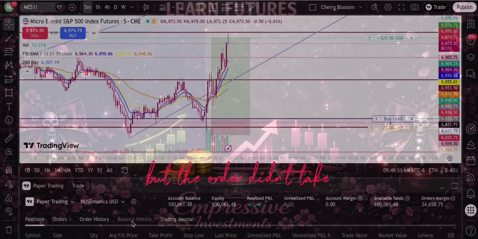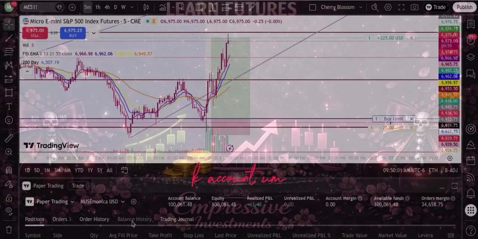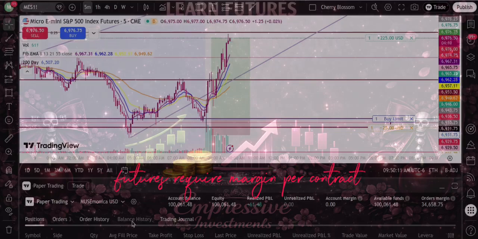But the order didn't take because it was rejected for not enough funds. But why? It was because there isn't enough margin in the $1,000 account versus the 100K account to cover the contract. So futures require margin per contract, not just an account balance.